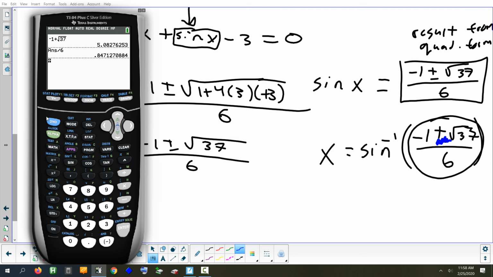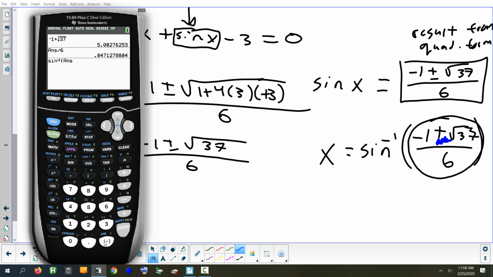So I'm going to do the inverse sine of what's circled, which I already typed in on the calculator, the 0.4712. Now, it doesn't matter if you do degrees or radians here, because if you're using the quadratic formula, you're already into messy answer land anyway. It's not going to come out nice either way.